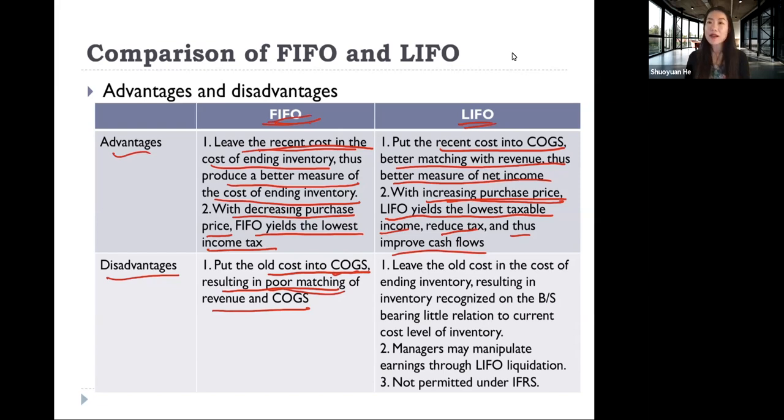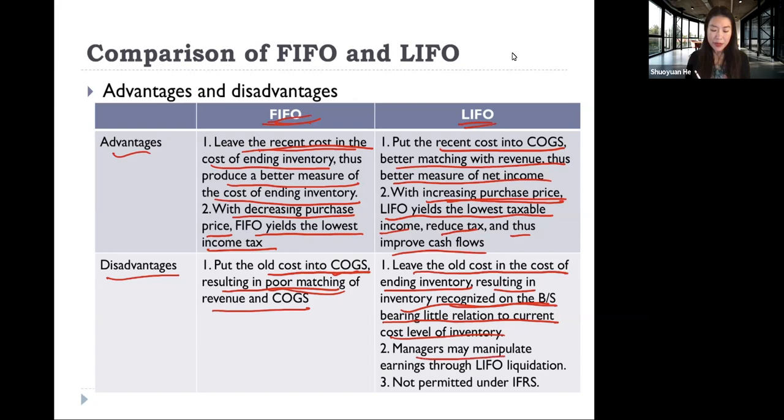And the disadvantage of LIFO, last in, first out, is that it leaves the old cost in the cost of the ending inventory, resulting in inventory recognized on the balance sheet bearing little relation to the current cost level of inventory. This is because we're leaving old cost for the cost of the ending inventory. So it results in a poor measure of our inventory account on the balance sheet.